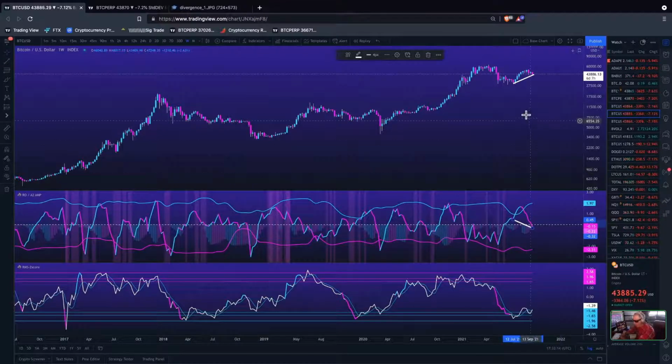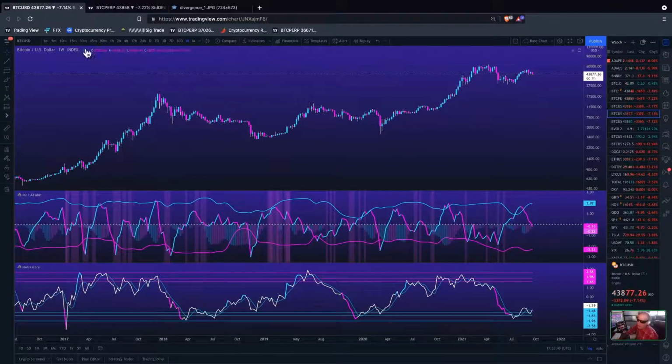Hidden bull divergence, telling you there's going to be a continuation of this trend. And to be honest, on the oscillator, this hidden bull is going to be valid unless price action gets below 31.6. So I mean, that's another $12,000 down to knock out that hidden bull. So that can play out at any time. Continuation right back up to the upside.